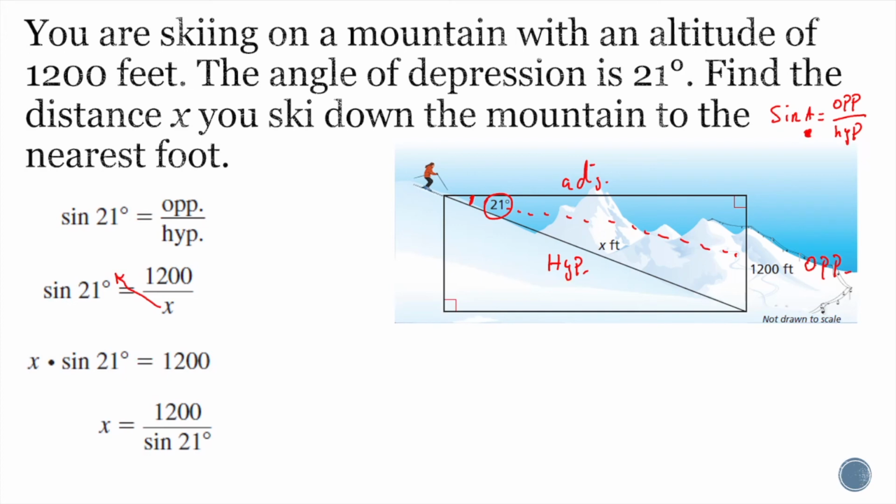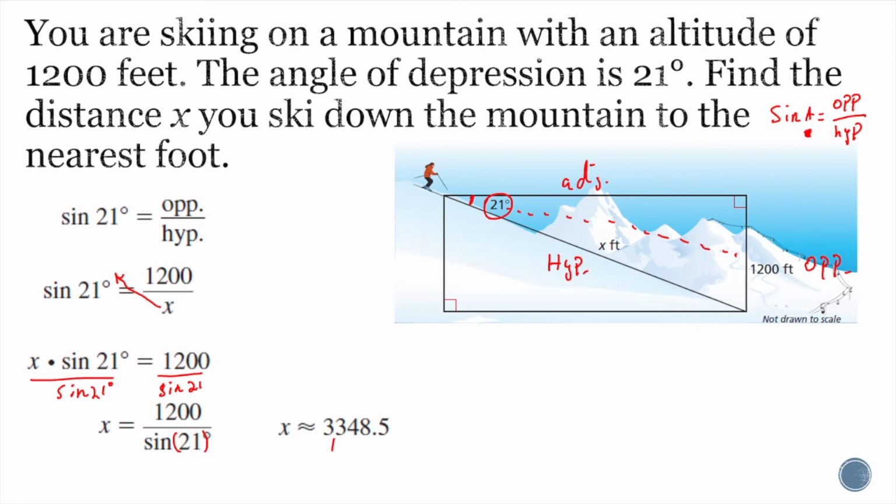Dividing sine 21 degrees on both sides. And I'm going to use my calculator at this point. So 1,200 divided by sine, on your calculator you need to put your parentheses, sine of 21 degrees, is equal to 3,348.5.